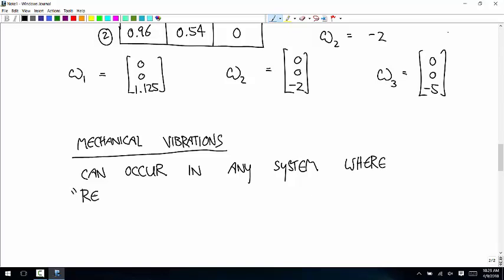It really could be a couple too, but there's a restoring force that pushes a system back towards equilibrium.